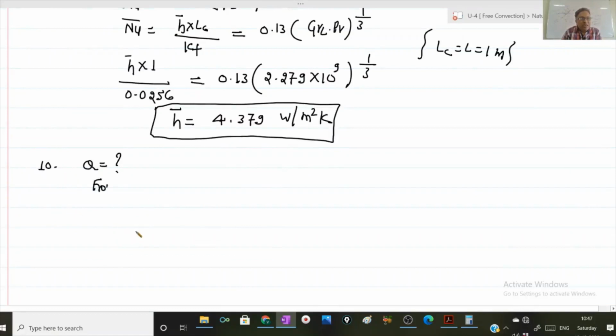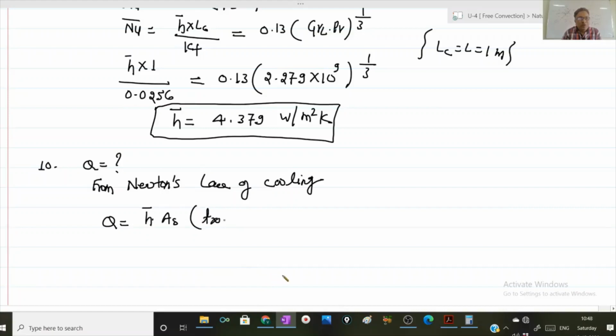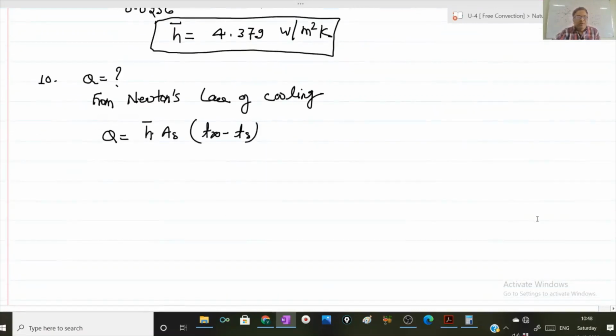So once again, I can use Newton's law of cooling, and from this I can calculate Q as H bar into AS into T infinity minus Ts, where AS is the total heat transfer area of the duct.